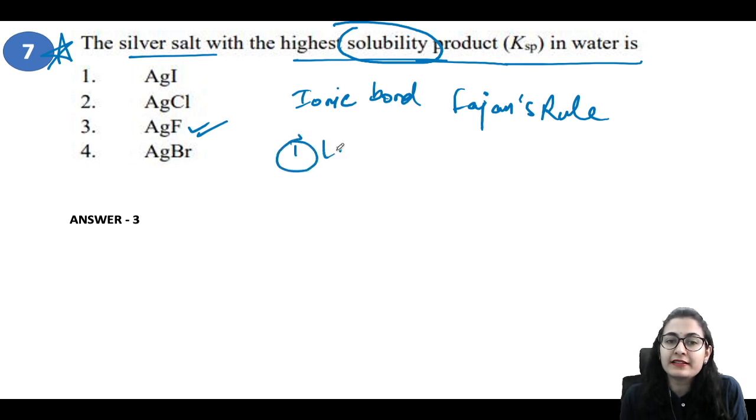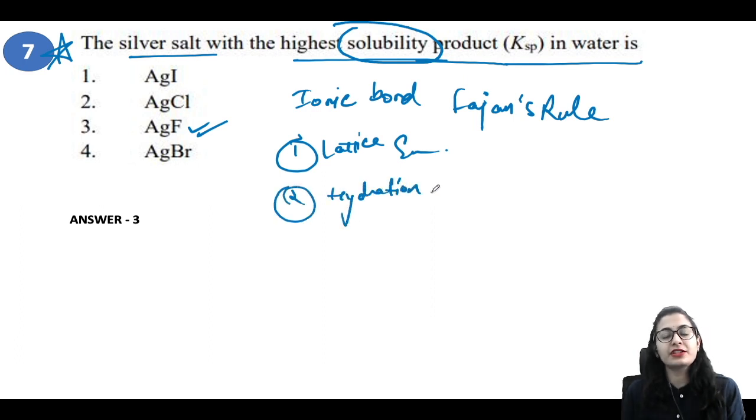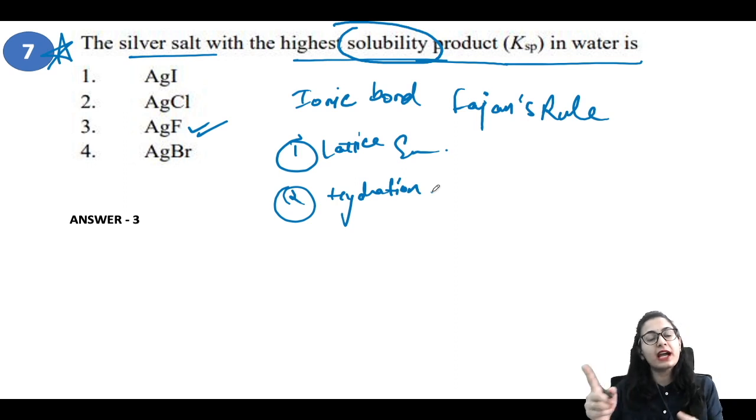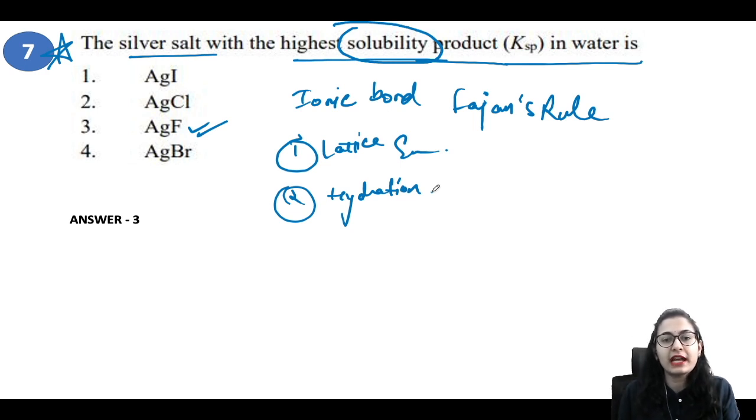First is the lattice energy, and second is the hydration energy. So the hydration energy is going to be actually higher for the smaller cations because cations and anions both, because they are compact and greater hydration because of that.